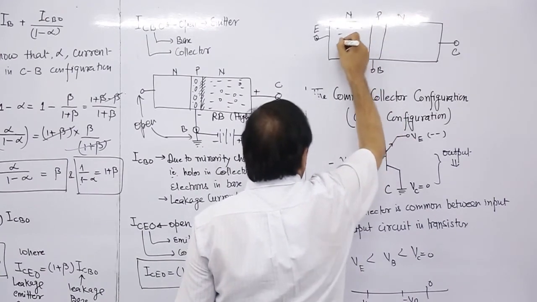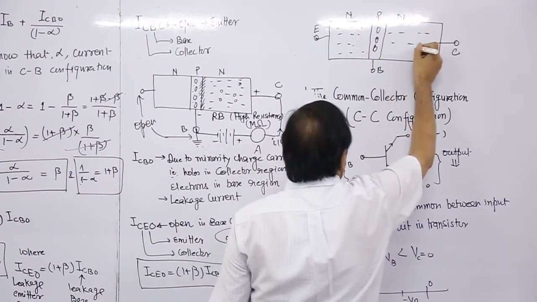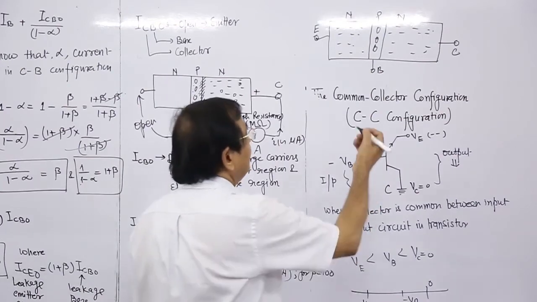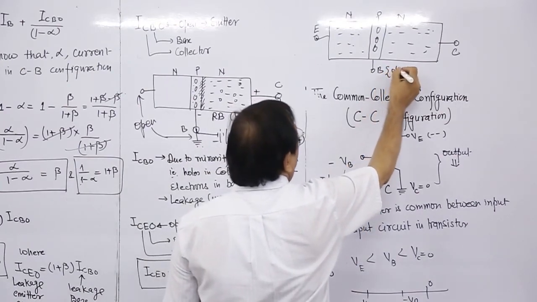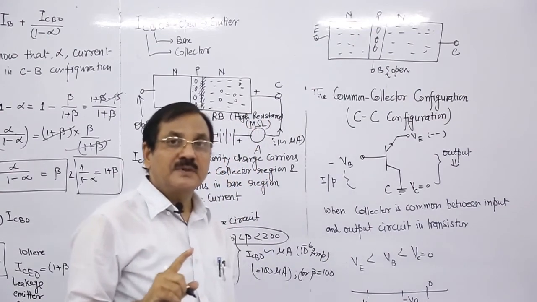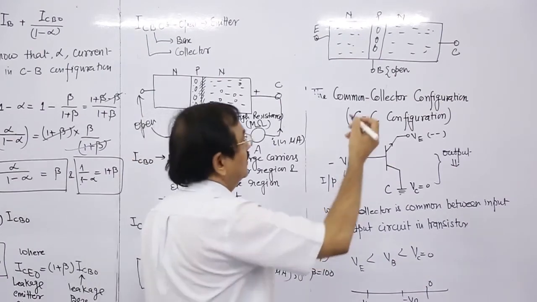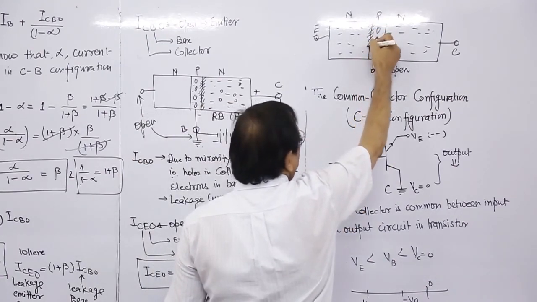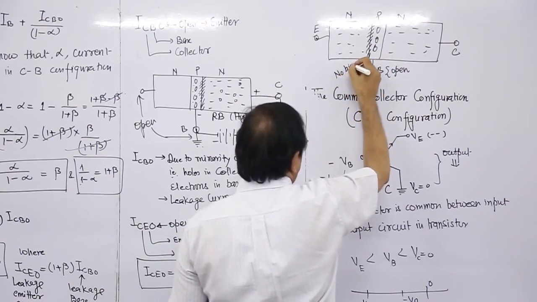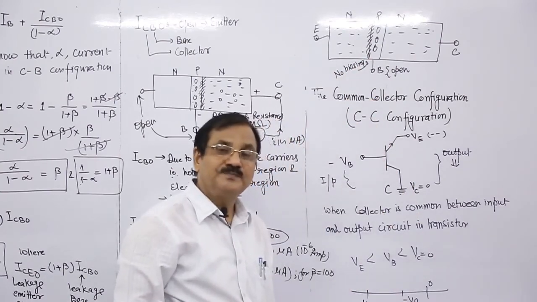Here it is electrons, these are the holes, and here it is electrons. When this base is open, it means there is no biasing across the emitter base junction.